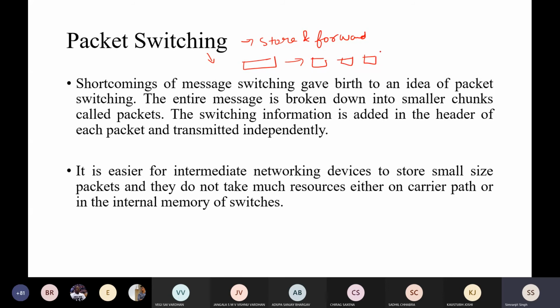Every packet will contain a header. These are 2 or 3 main points that you have to remember. Every packet has a header, so if you switch the packet, it will eventually reach its destination because the header contains the address of the receiver machine. Okay, so now it is divided into two parts.